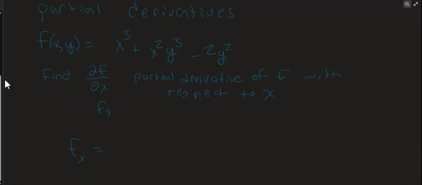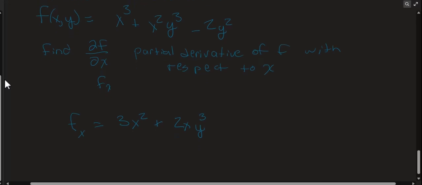So the partial with respect to x would be 3x squared, and then plus 2x to the first y cubed. That y cubed is just a constant, it just multiplies. And then minus 0, because y squared, you treat it like a constant. Find the partial with respect to y.